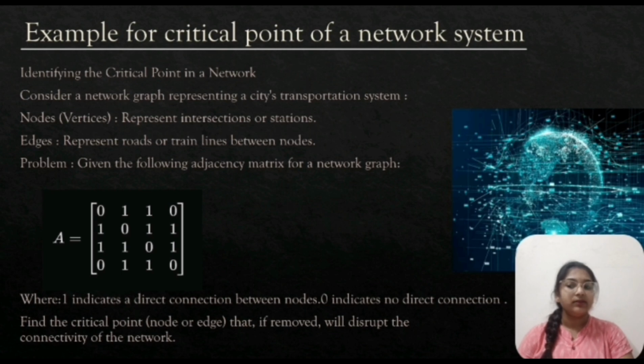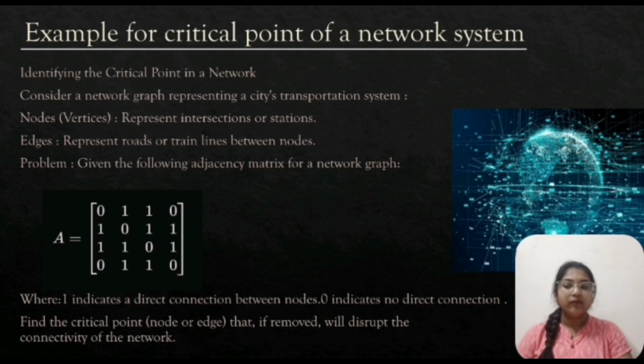There is a question: give the following adjacency matrix for a network graph. They have given an adjacency matrix. We have to draw the network graph for that. So, matrix A is a 4 by 4 matrix, which is 0, 1, 1, 0, 1, 0, 1, 1, 1, 1, 0, 1, 0, 1, 1, 0.